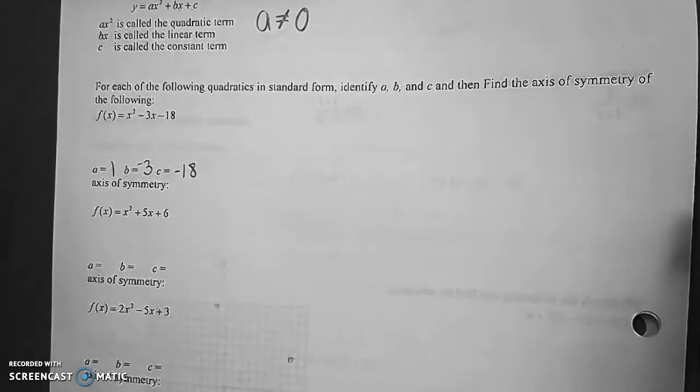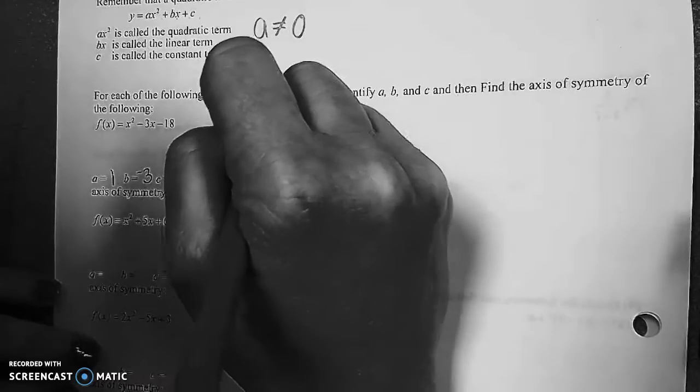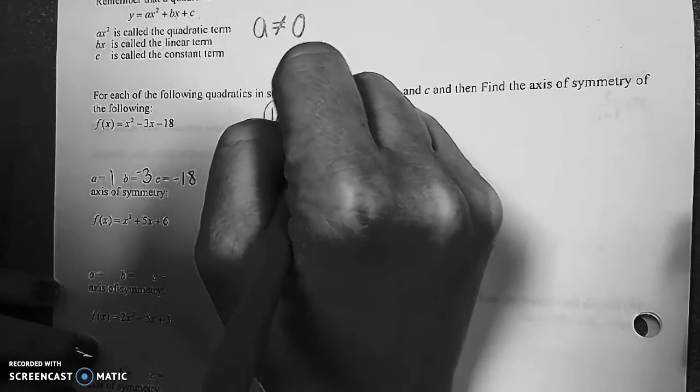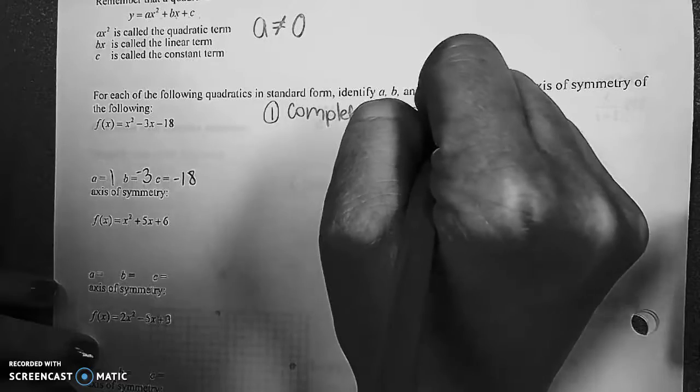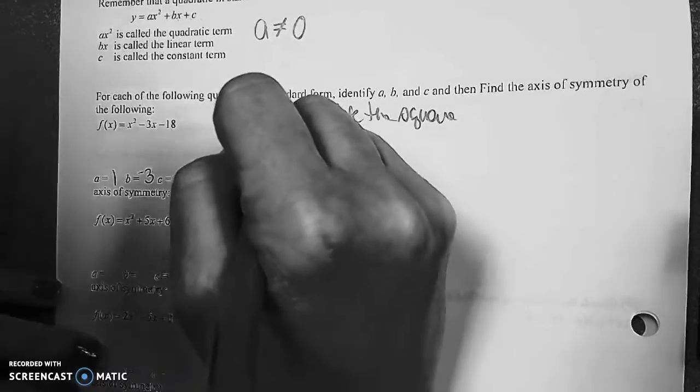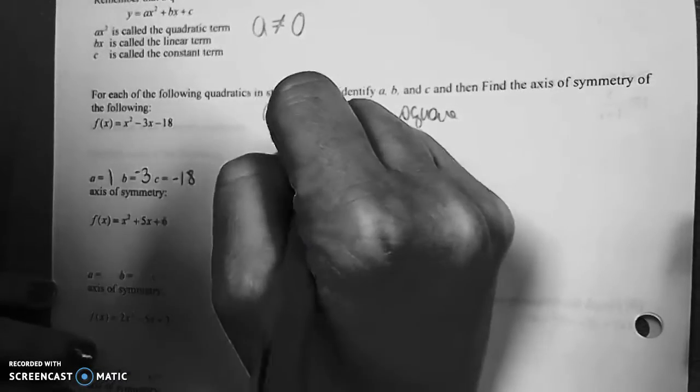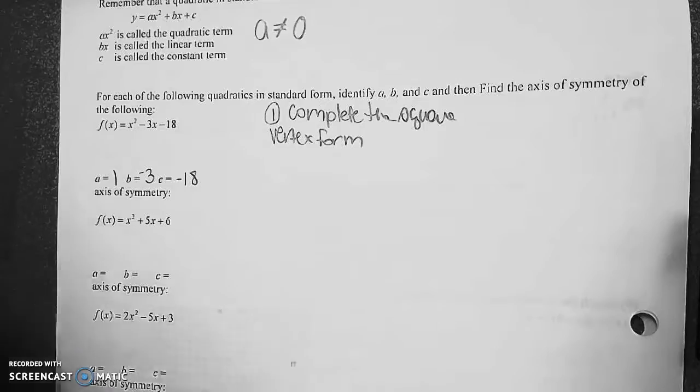At this point, there's two different ways that you know how to find the axis of symmetry. One is you can complete the square and write it in vertex form. So that's one strategy.